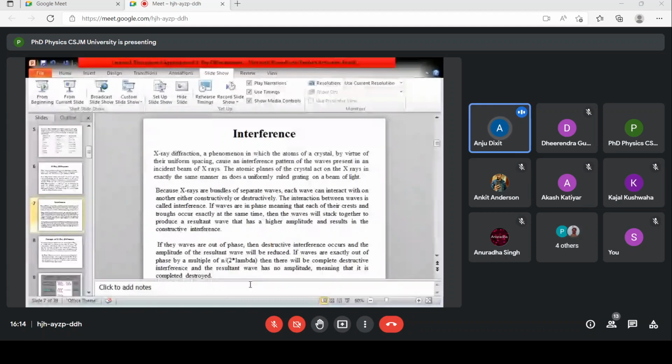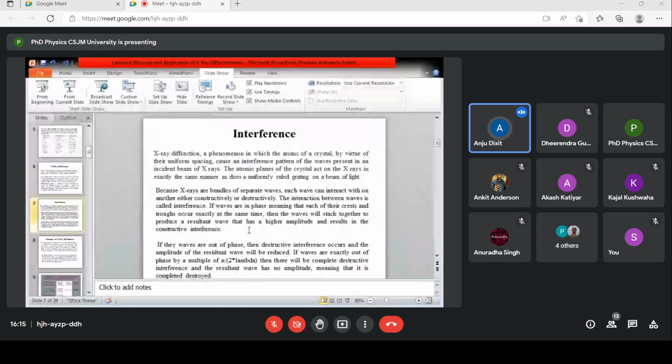In case of constructive interference, coherent scattering is there, and we are going to have incoherent scattering when waves are out of phase. So we get the diffraction pattern in case of constructive interference.